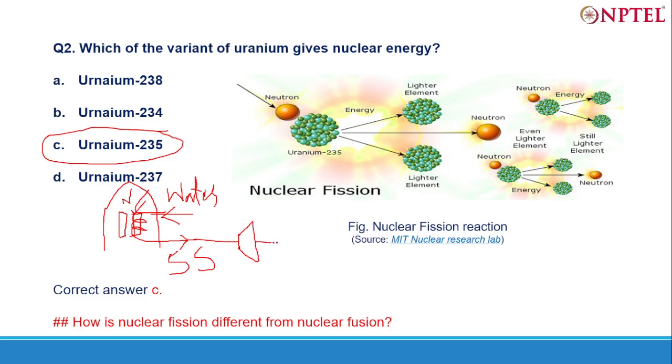That turbine is coupled with a generator. That generator produces electricity, which we get at the grid, and say at home.